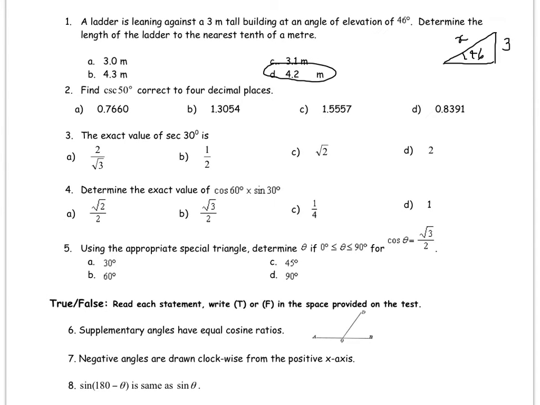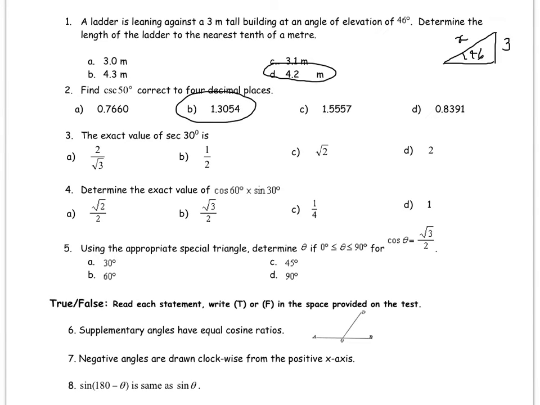The next question, number 2, says find cosecant 50 correct to 4 decimal places. If you use your calculator, you will find that the answer is B, which is 1.3054. Now the next question says find the exact value of secant 30.